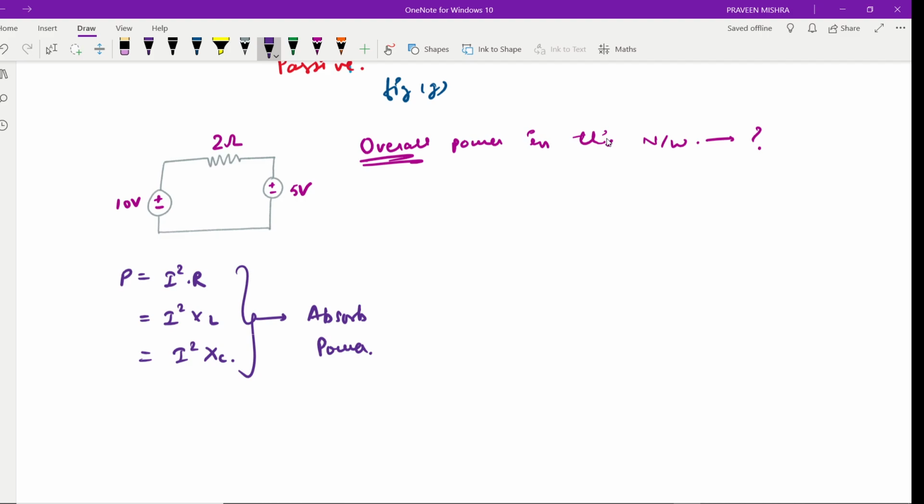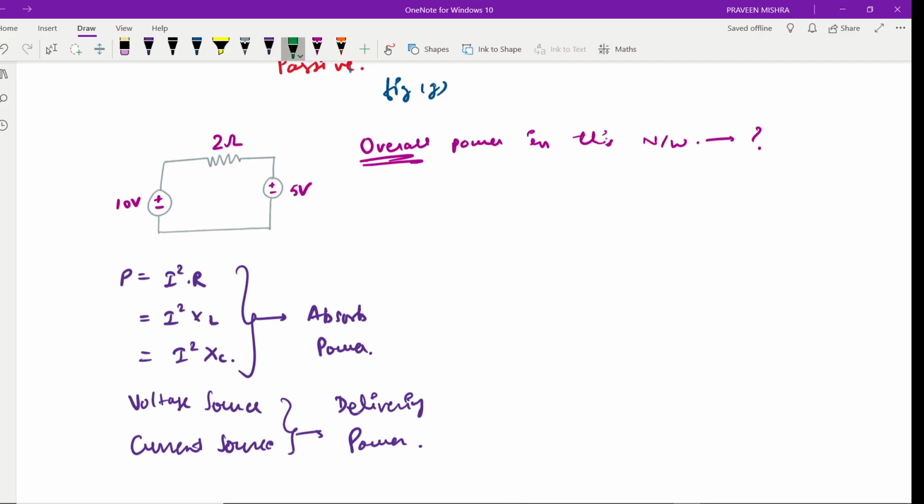And active elements like a voltage source or current source generally deliver the power. Passive elements will absorb the power, and active elements will deliver the power.